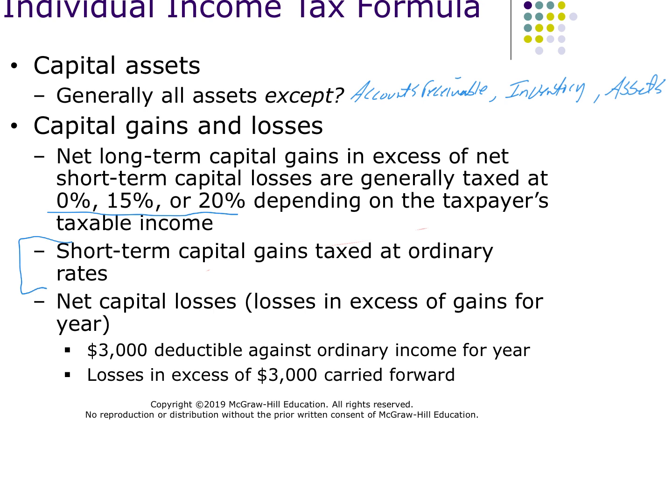Remember, a long-term capital gain is the gain on an asset held more than 12 months. So if you hold an asset for a year and a day, then it can be a long-term capital gain asset, provided it's not an accounts receivable, inventory, or an asset used in a trade or business.